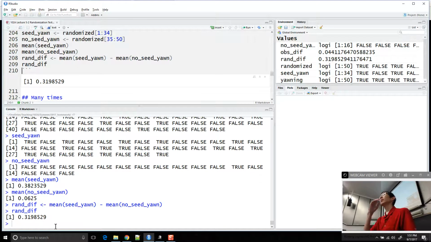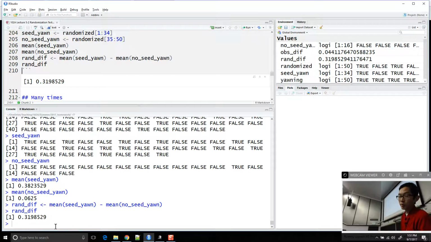This is not something where we actually yawned in their face or not. We just randomized, mixed up the people, and put 34 in one group and 16 in another group. And when we did that, we observed a difference of 32%.